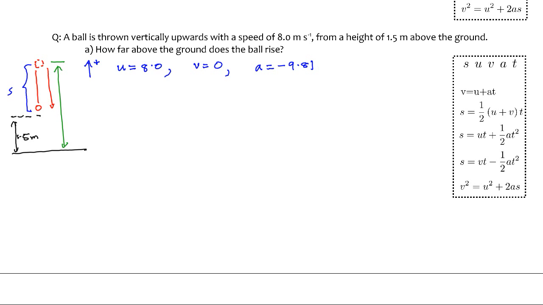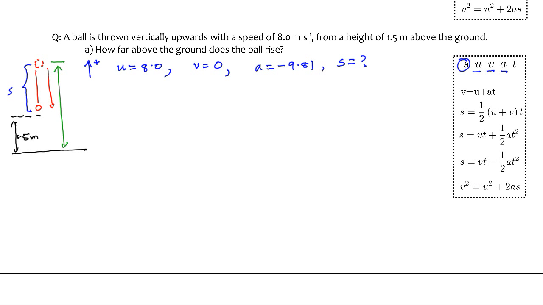And of course, the quantity I'm interested in now is this quantity s. So I know u, I know v, I know a, and I want to find out what s is. So what's the equation I can use here? Once again, v squared is equal to u squared plus 2as.